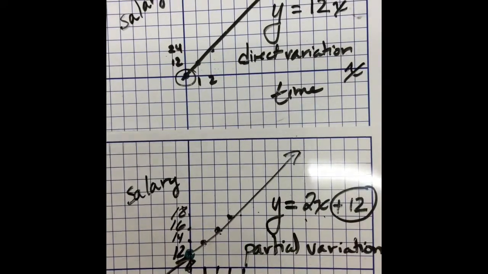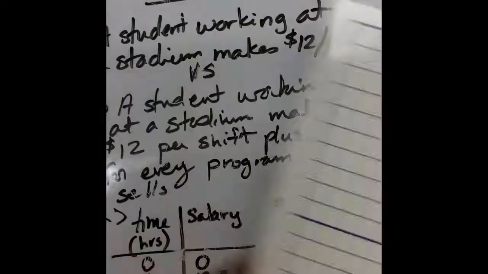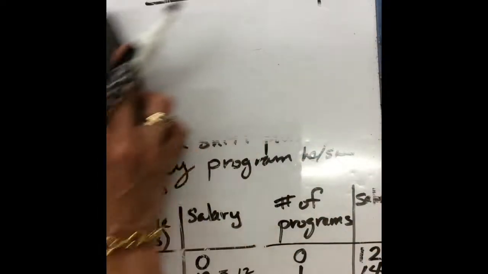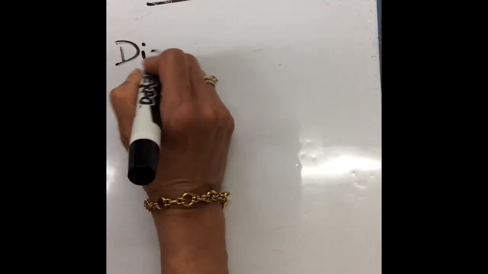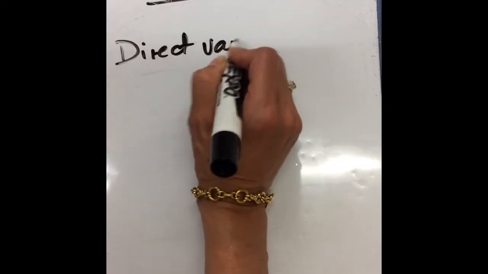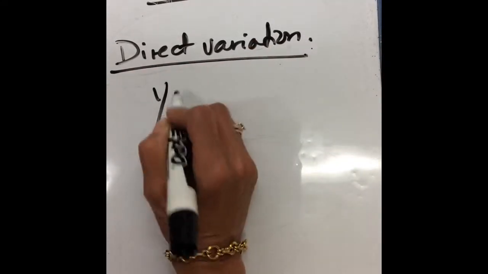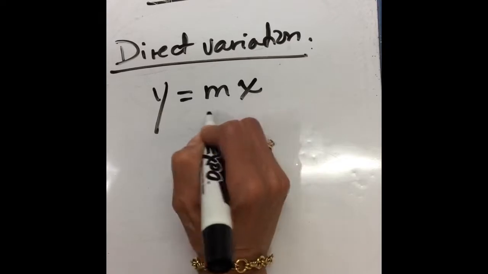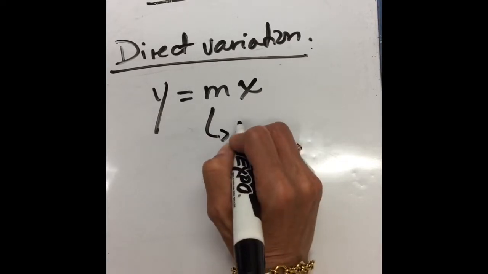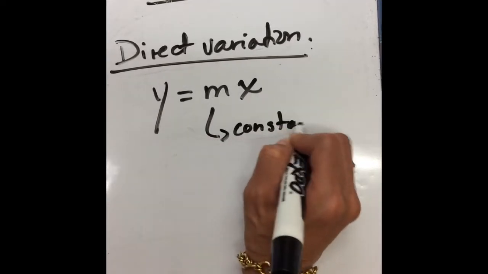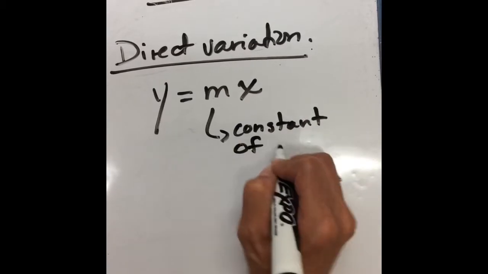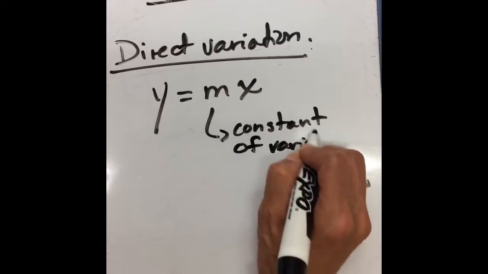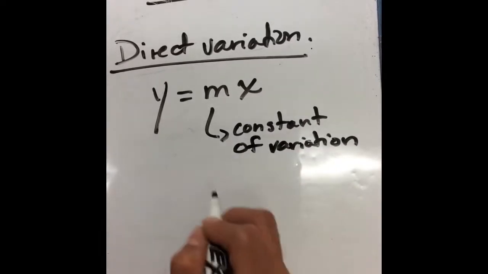We can write it out so that we have two equations, and these two equations are very simple. Direct variation: y is equal to mx. This here is the constant of variation. It's the number that you multiply the x by.